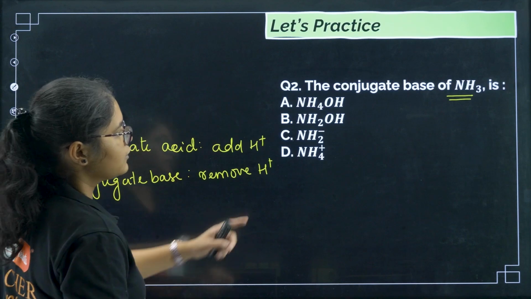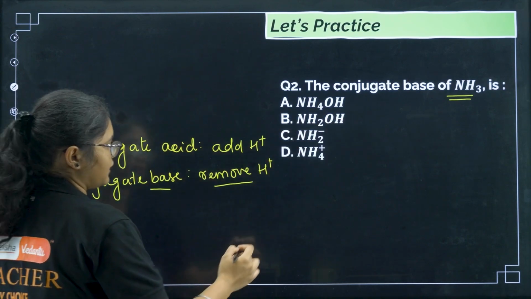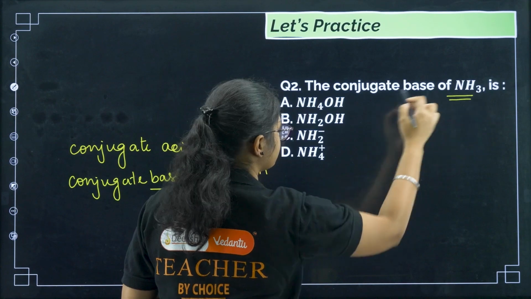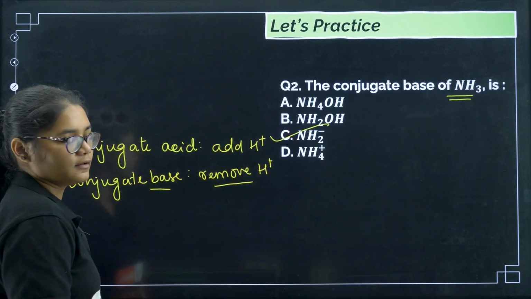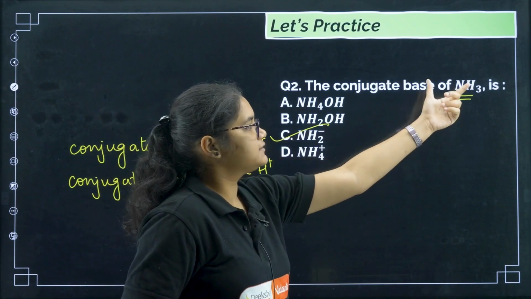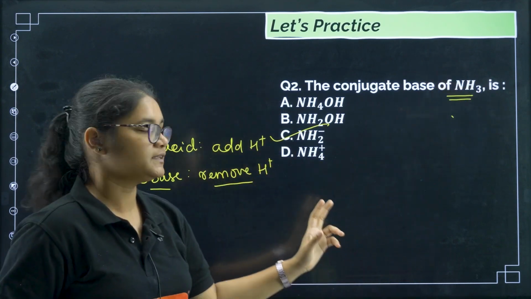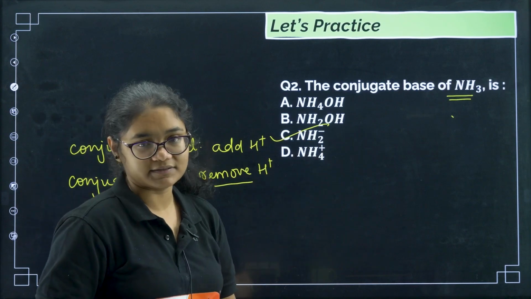So you need to find the conjugate base of NH3. Conjugate base of NH3 will be: remove one H plus, so you will get NH2 minus. Okay. Once again, this one is behaving as an acid, it will lose one H plus, so you will get NH2 minus.